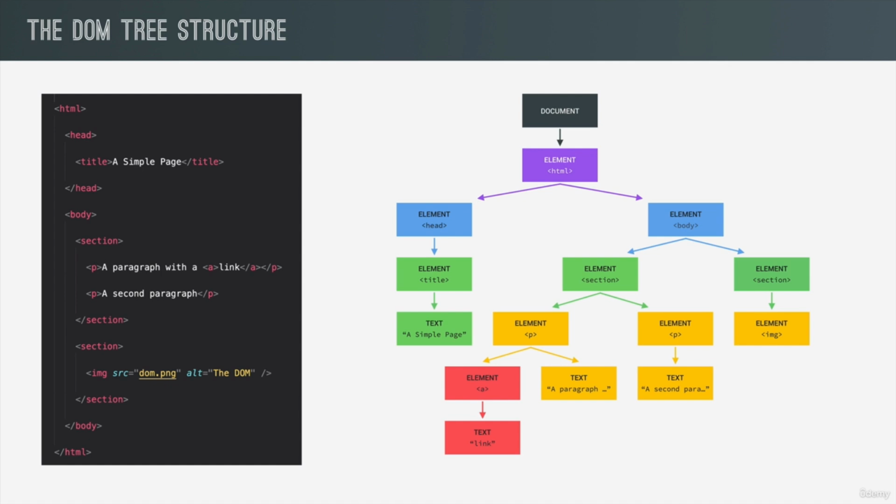Anyway, as you can see, for each element in the HTML, there is one element node in the DOM tree, and we can access and interact with each of these nodes using JavaScript. Okay, so the DOM always starts with the document object right at the very top. And document is a special object that we have access to in JavaScript.